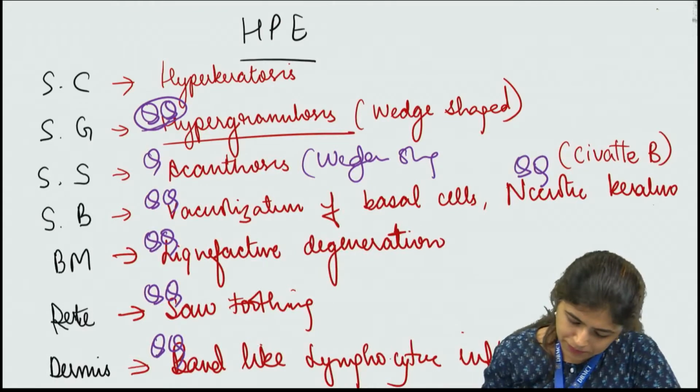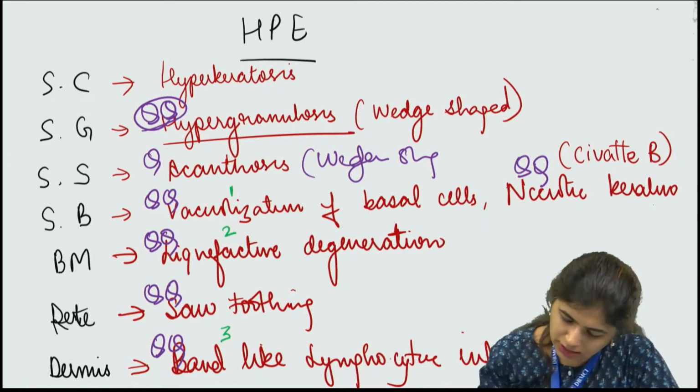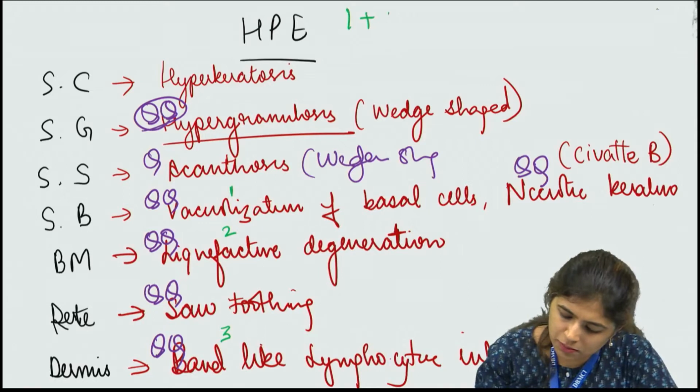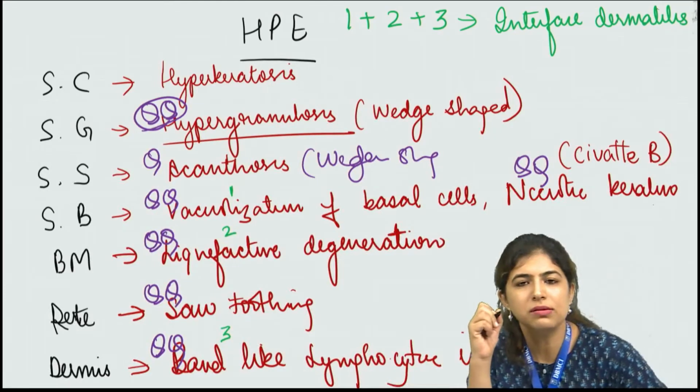Then, if this is 1, this is 2, and this is 3, then 1 plus 2 plus 3 together is called interface dermatitis. What is the meaning of interface?